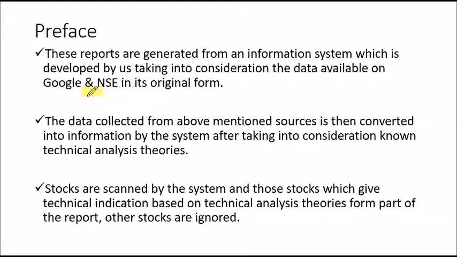After this we scan all the 220 to 250 odd stocks which are there in futures and options, and based on that scanning we arrive at a list of stocks where some technical indications are there. Let's say we arrive at a list of 30 stocks where some pattern is formed or some technical indication is there. Then you can pick up your trade from that list.